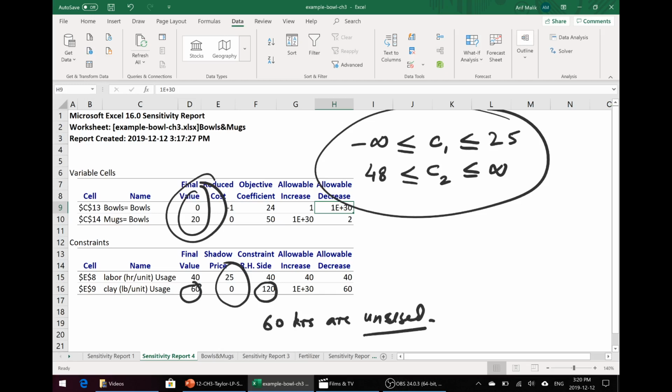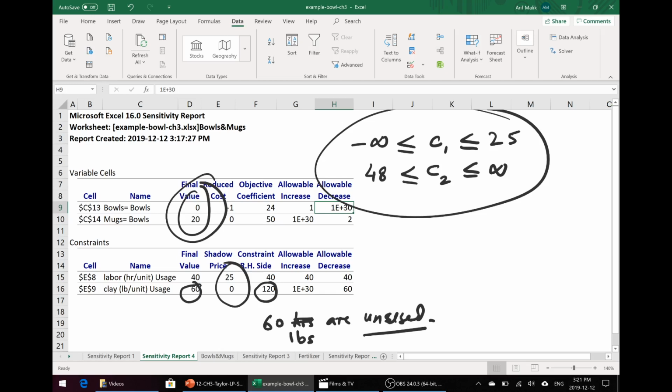When unused, this one is clay, so unused clay is there. 60 pounds are unused.